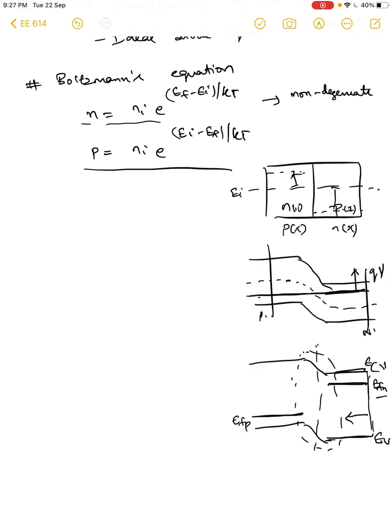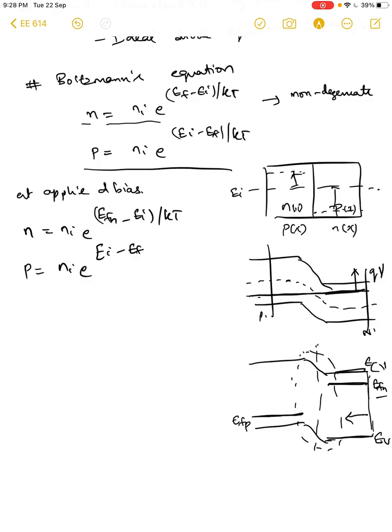Under these situations you can write, at applied bias, the carrier density n is now n_i e power E_FN. Now they are different. You don't have the equilibrium Fermi level, you don't have one single Fermi level, you have two Fermi levels which are called quasi-Fermi levels, or IMREF, the opposite of Fermi. It can be called anything.